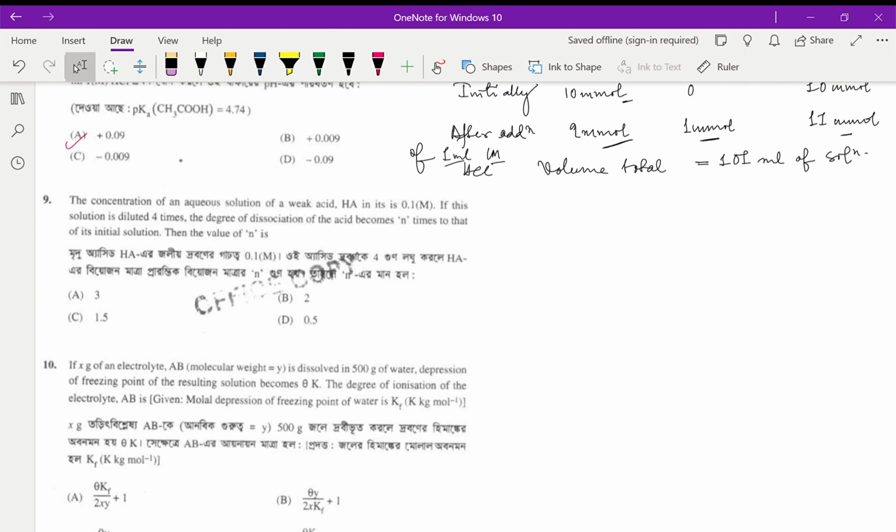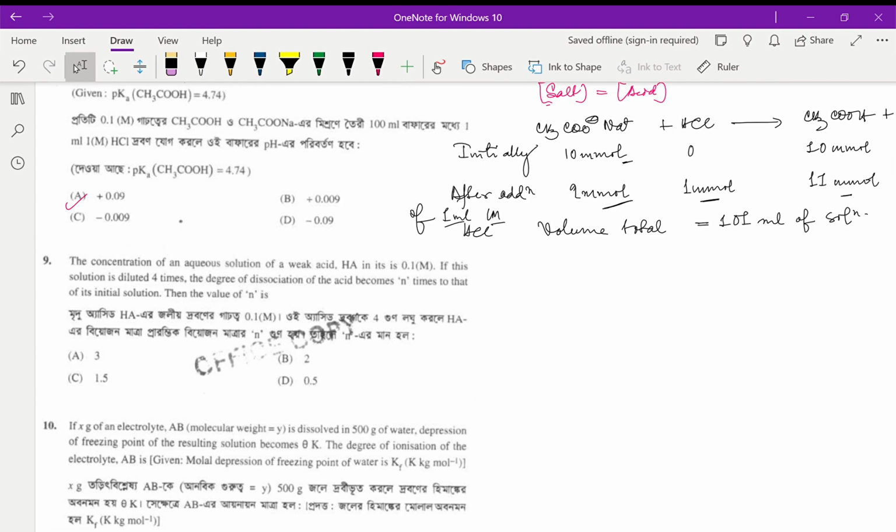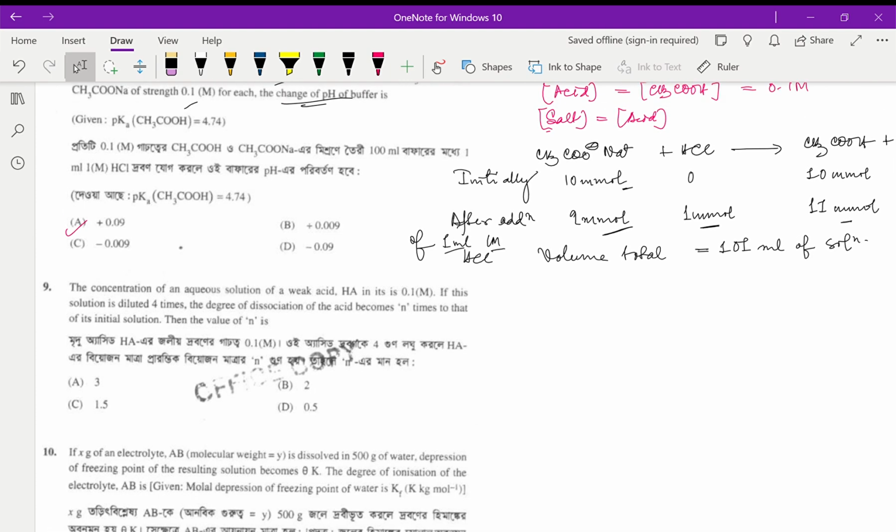Okay. Now we know for weak acids, if you consider HA going to H plus and A minus, at equilibrium it is better to derive all this.